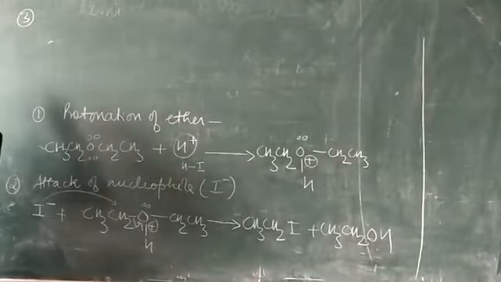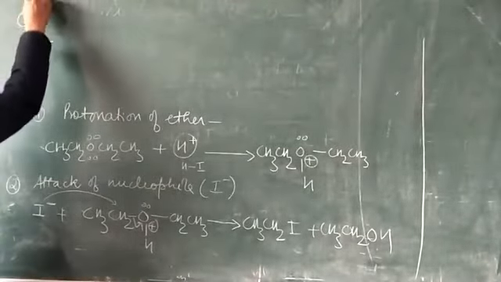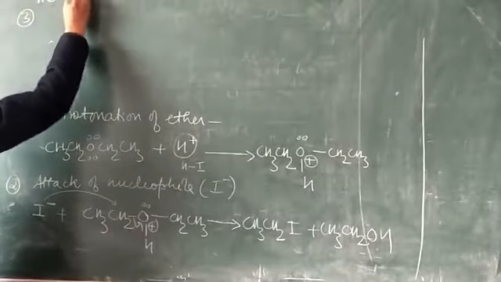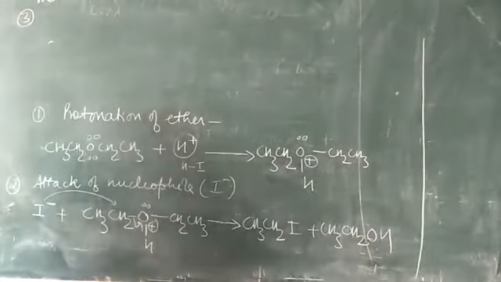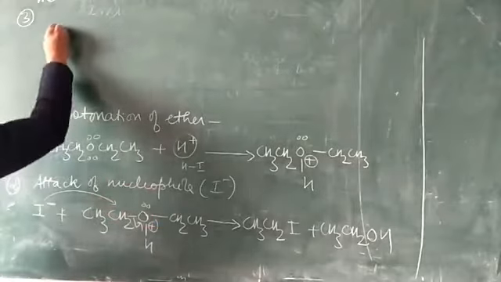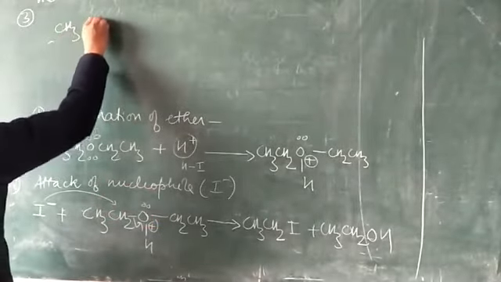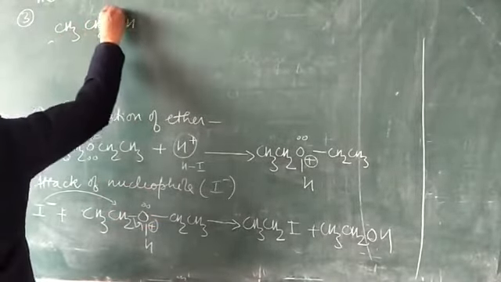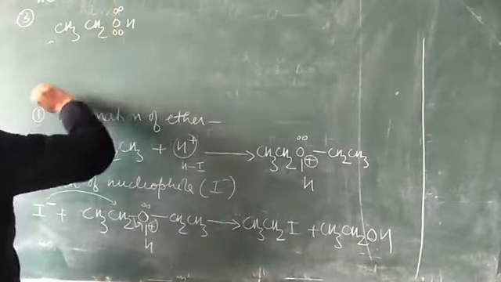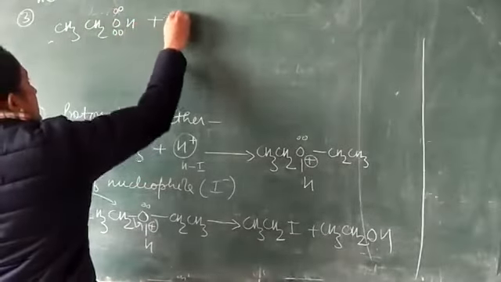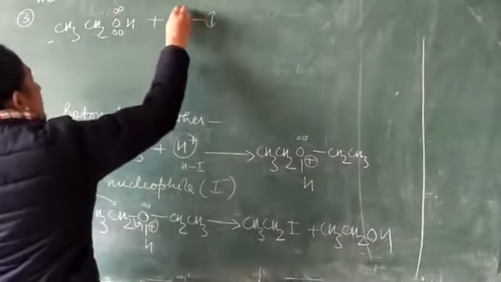If HI is in excess, this CH3CH2OH, what will happen?